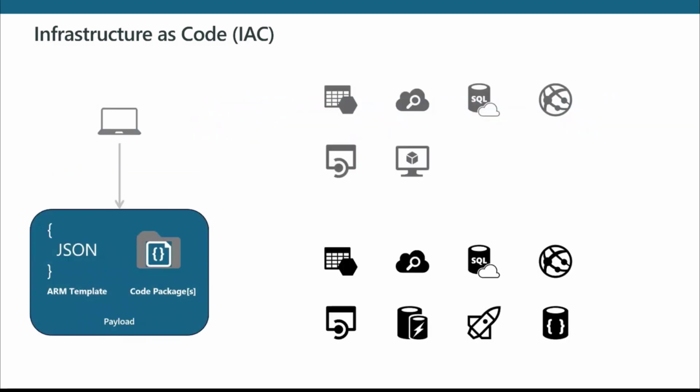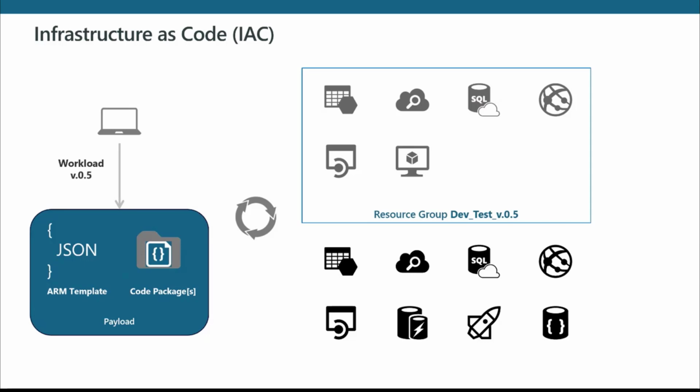So it starts with creating your definition file. ARM templates use JSON, you all know this. And from there, you're going to inject your intelligence. So you come up with a specific version. In my example, it typically takes me about 5 attempts before my template is actually working fine. So that's where I end up in version 0.5. And I'm going to test it out against some specific resource group.